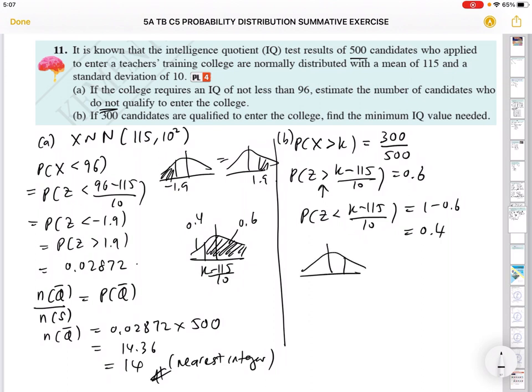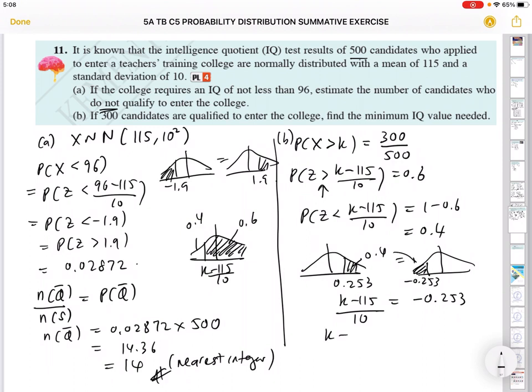Now, when you take this and you flip to the left, because K minus 115 over 10 is on the left, you need to put a negative here, right? So there's a negative, and still 0.4. Now you find K: 115 minus 0.253 times 10. I got 112.5, correct to 4SF.